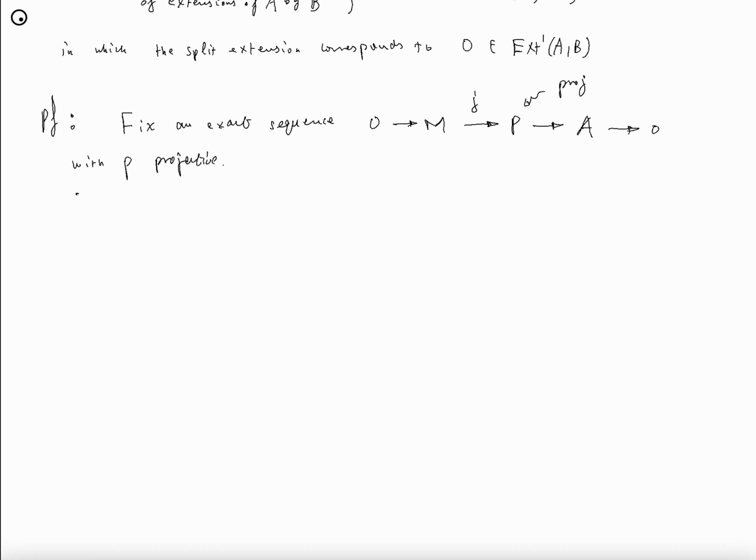Then we apply the contravariant functor Hom(-, B).